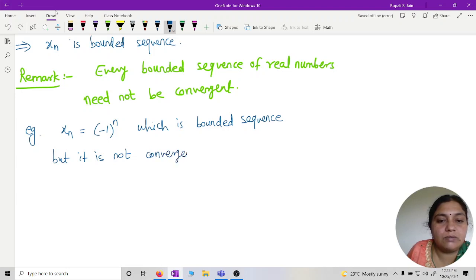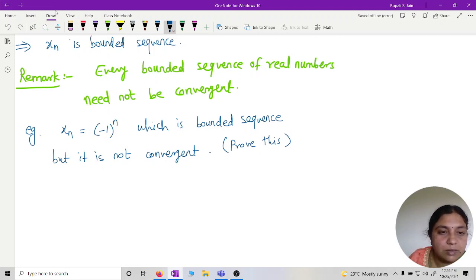Why? It is oscillatory, because you are getting 1, minus 1, 1, minus 1 and so on. Take this as homework: prove that the sequence xn equals minus 1 raised to n is not convergent.